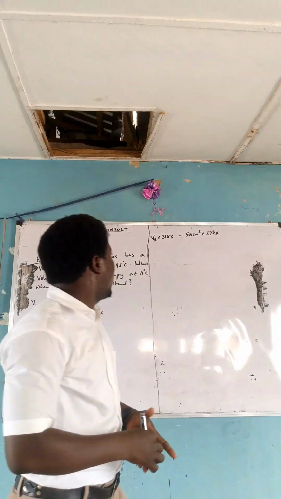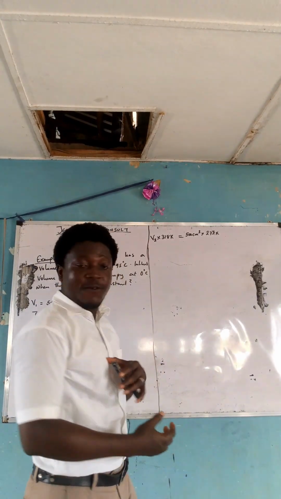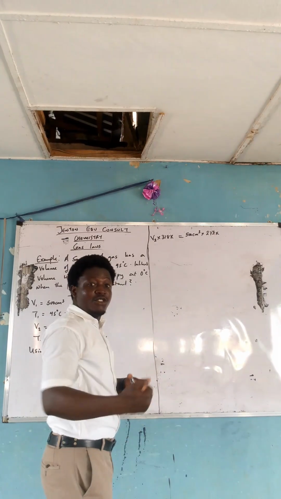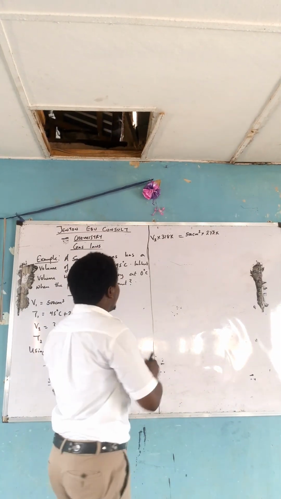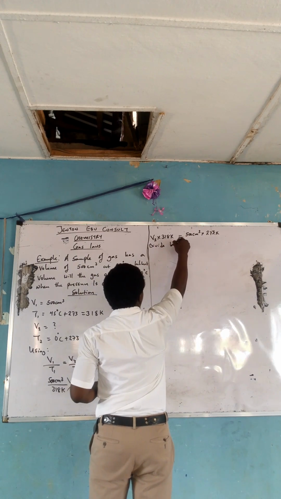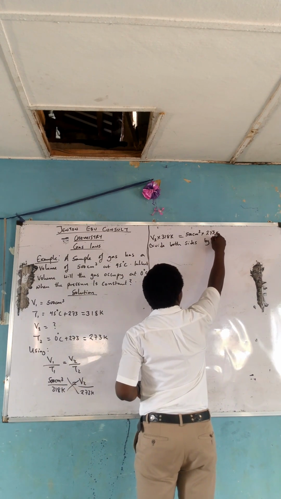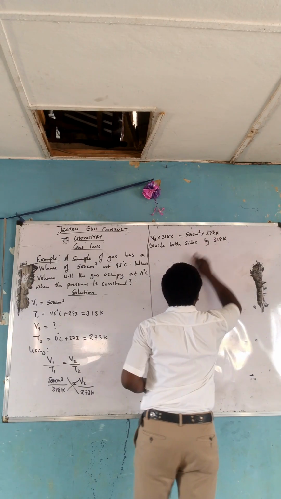Since V2 is what we are looking for, it means we are going to divide both sides by the coefficient of V2. From what we have on the board, the coefficient of V2 is 318 Kelvin. So we just say, divide both sides by 318 Kelvin.